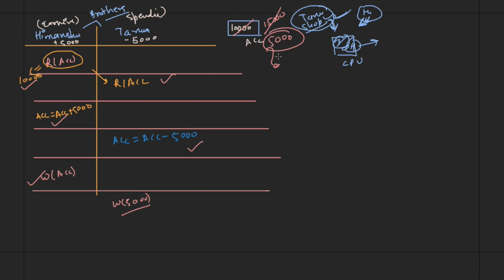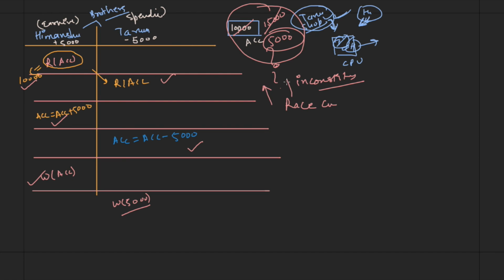Now what has happened? Because both of them are accessing the same data variable at the same time, there is some kind of problem, and this problem is creating an issue which is inconsistency in this account number, right? And this inconsistency is because both of them are trying to have a race, or you can say it is a kind of a race condition.